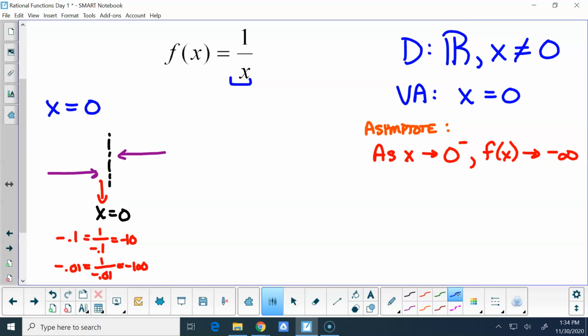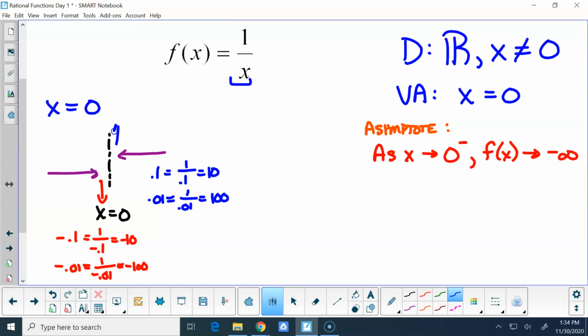Okay? Flip over to the other side. So now, let's go with 0.1, because we're on the positive side of 0 now. So my function would be 1 over 0.1. Well, that would just be 10. 0.01 is even closer. That would be 1 over 0.01. It would be 100. Where's that one going? It's going up, right?